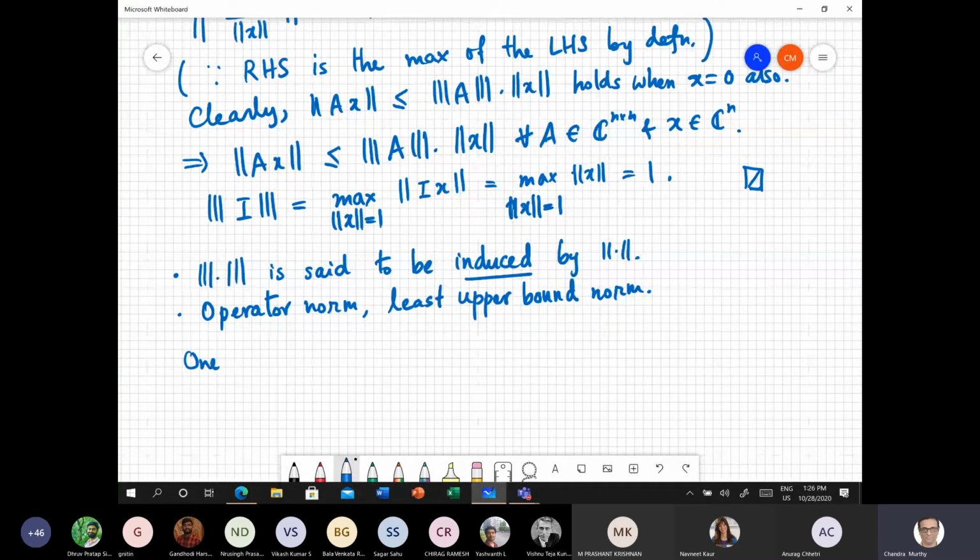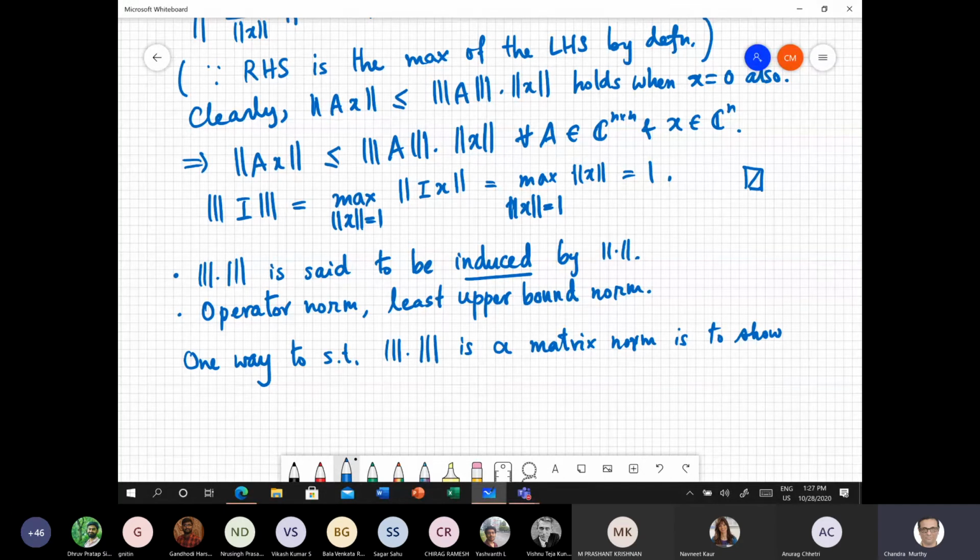So one way to show something is a matrix norm is to show that it is induced by some vector norm.